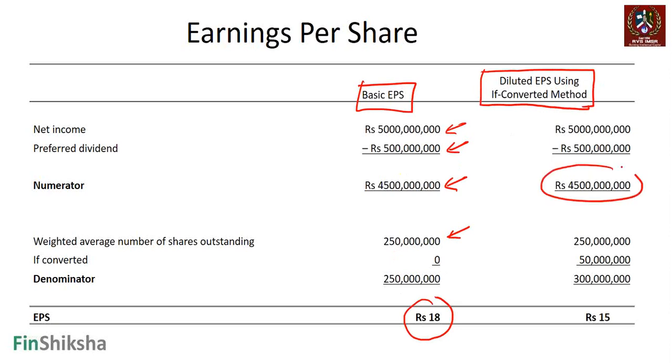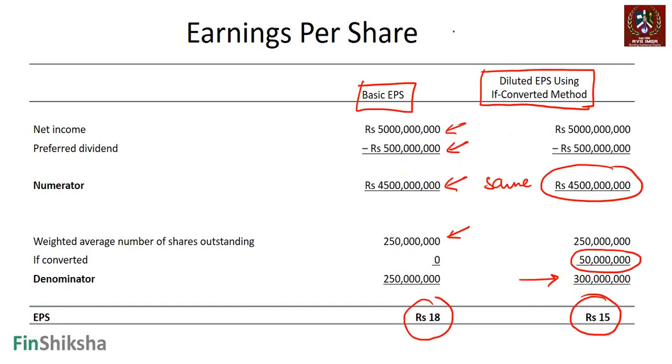Numerator remains the same, correct? But 1 crore convertible securities give you 5 crore new shares. That gives you the total shares at 30 crore. And when you divide 450 crore by 30, your diluted EPS is rupees 15. Correct? That is basically how you would go about projecting the basic EPS and the diluted EPS.